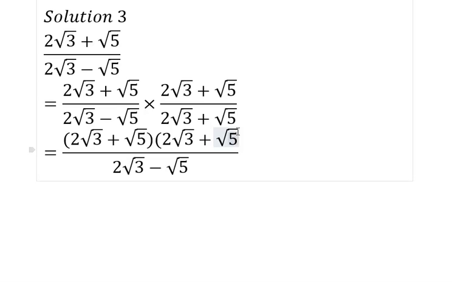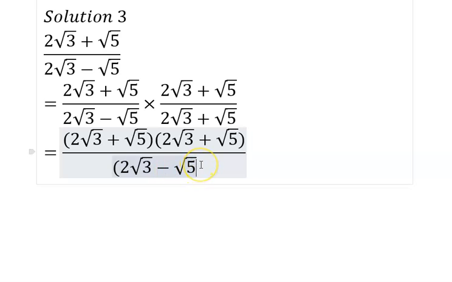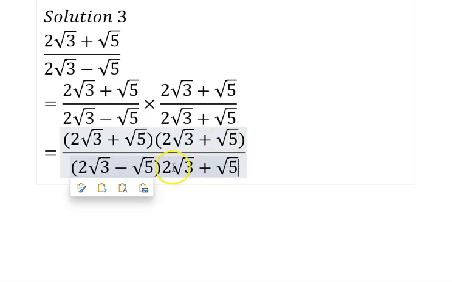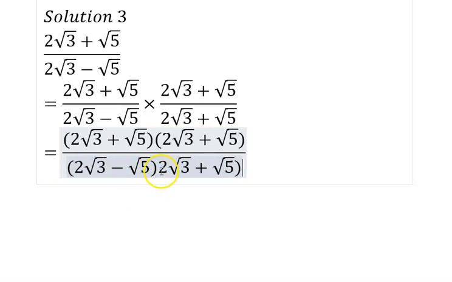I want us to put it together so that our multiplication can be a little bit easier. So that's for the numerator, and for the denominator, let's see. While doing it, you need to be very, very careful so that you will not make a mistake.